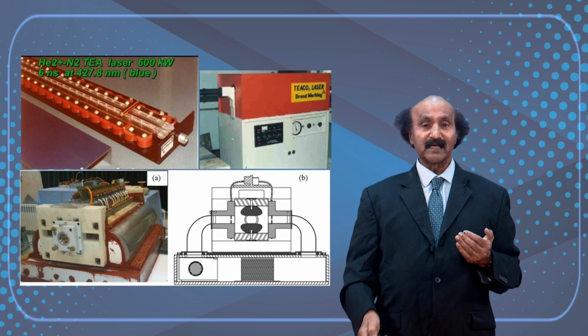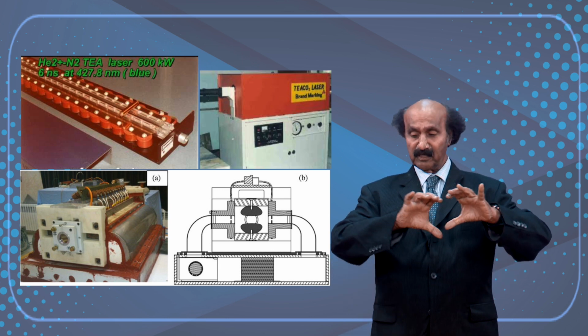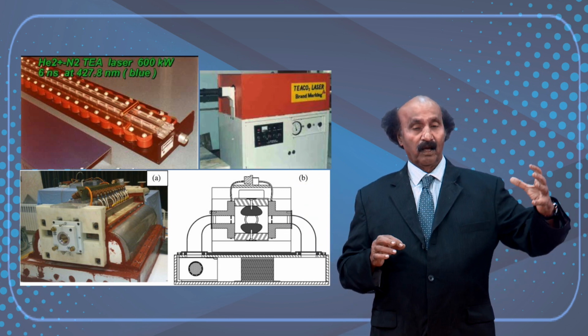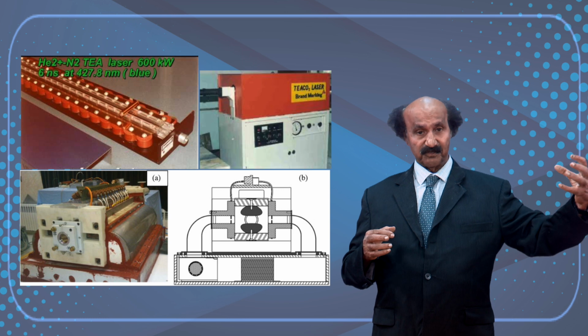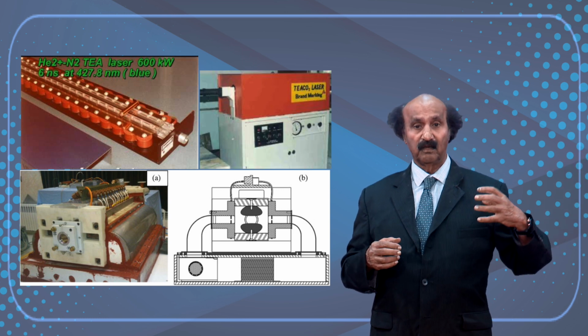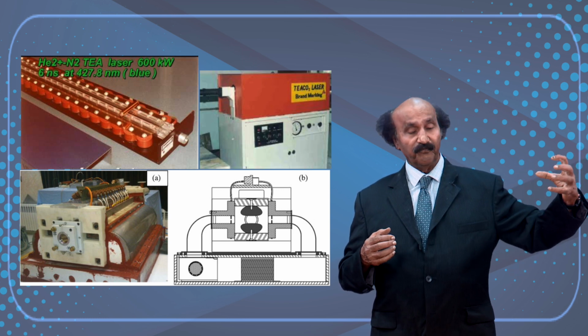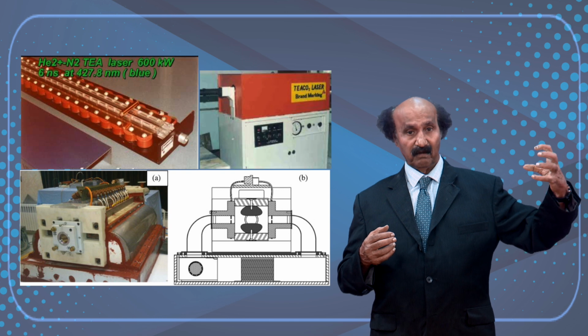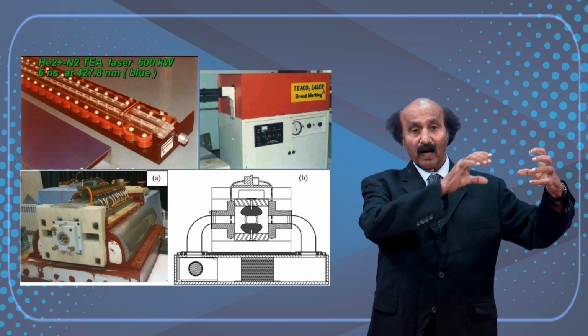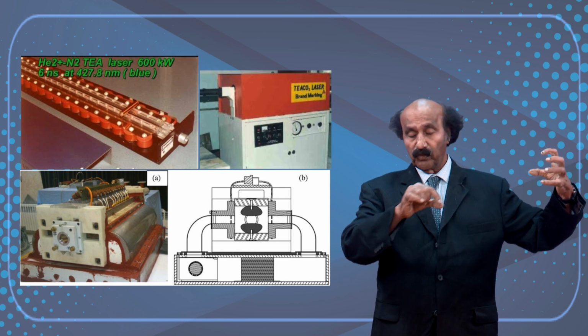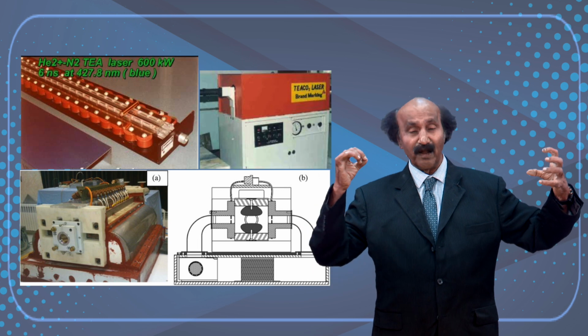Okay. In this case, you will have a big discharge tube. You will have high pressure gases, nitrogen as well as CO2. Then what would happen is, if you have a high pressure, then you allow the gas to pass through a small nozzle.